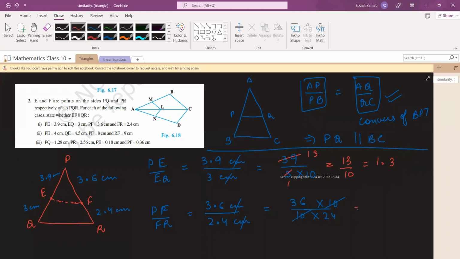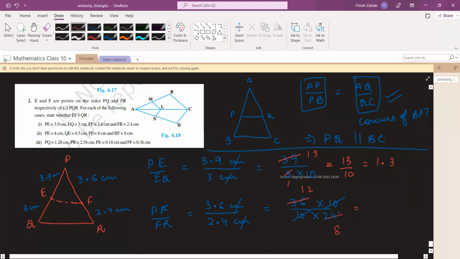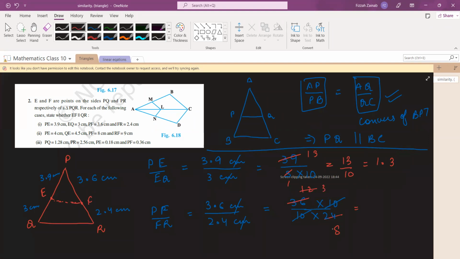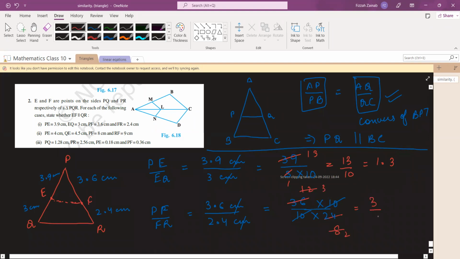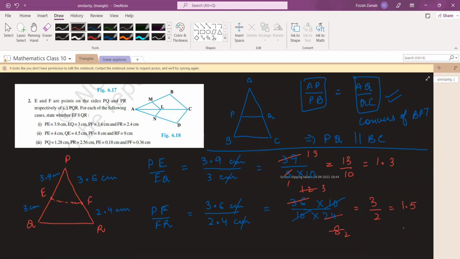Now you can use the table of 3. So 3 into 1, 3 into 2, 3 into 8. And now again you can use 4. So 4 into 3, 4 into 2. So it is 3 by 2. If you divide this, you will get 1.5. So is the ratio the same? No, ma'am.